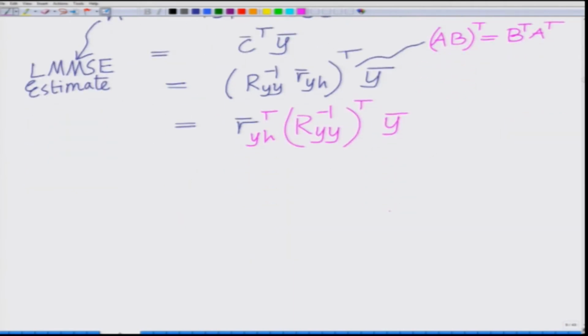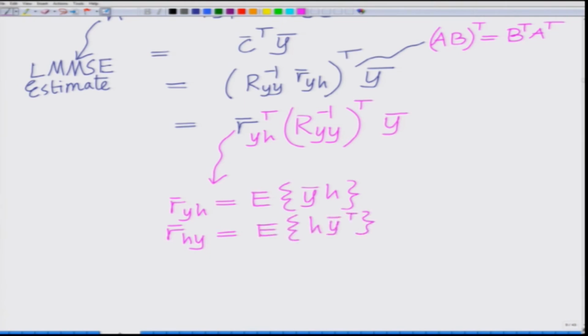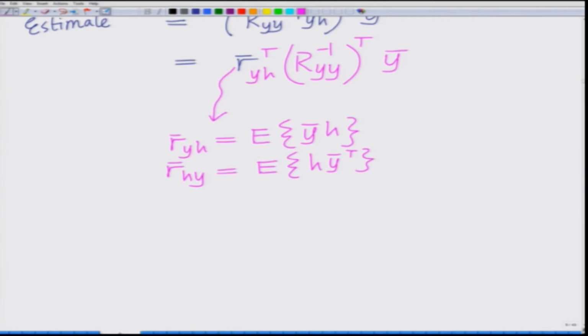Now observe two things. One is this R bar YH is the expected value of Y bar into H, and R bar HY is the expected value of H Y bar transpose.